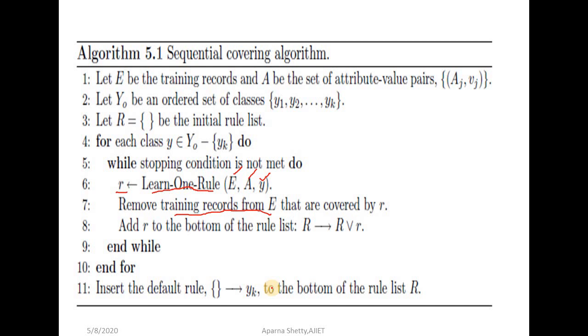As each rule is generated, we remove the training records covered by it, and any records left unclassified will be classified using this default rule. So this was about the sequential covering algorithm.